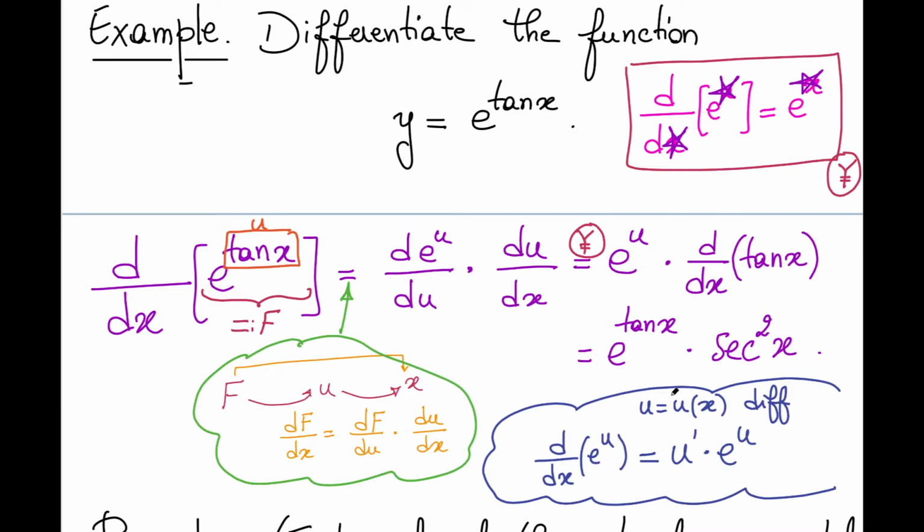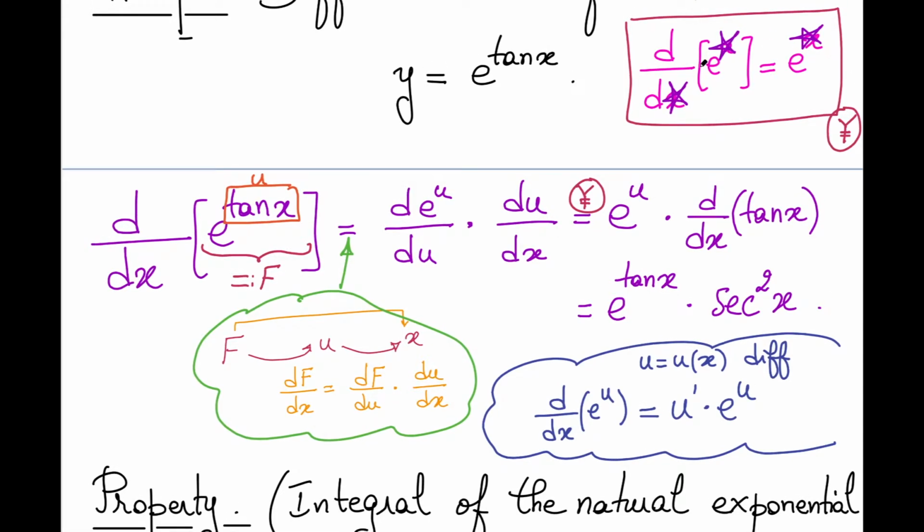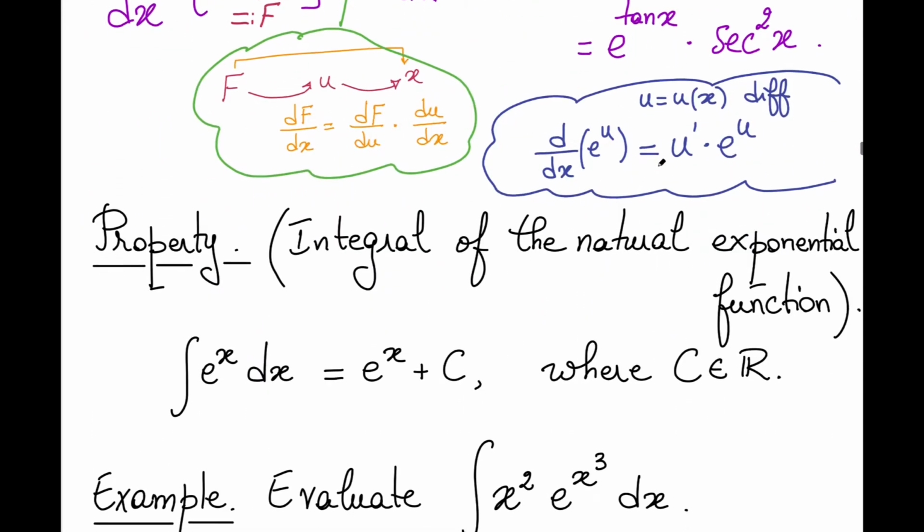But if u is some other differentiable function of x, like tangent of x or something else, then you get this improved result. So because of this property, we can actually say that the primitive of e^x is itself, plus a constant.